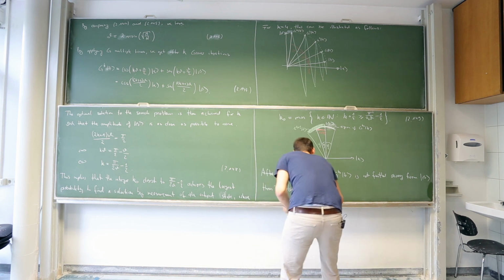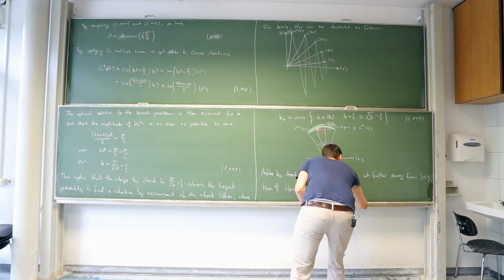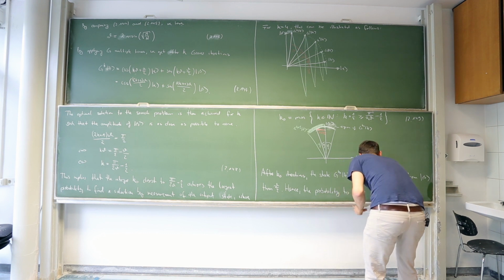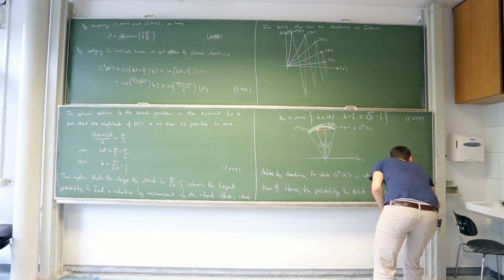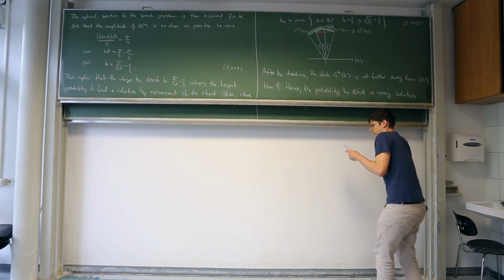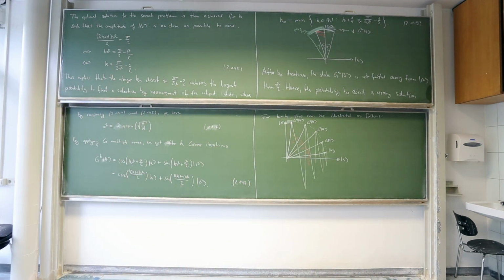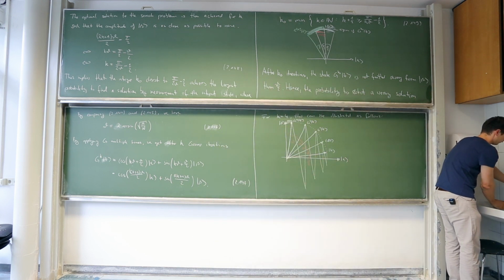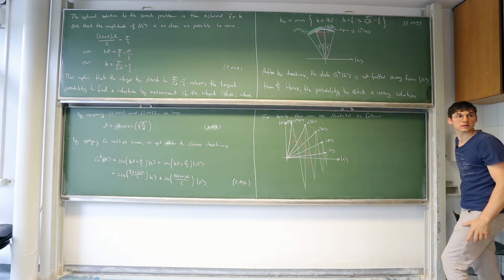Hence, the probability to detect a wrong solution is bounded by this sine square of theta half. Right? Because this is the probability that we measure state alpha.